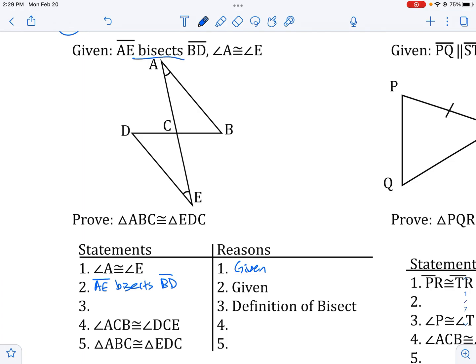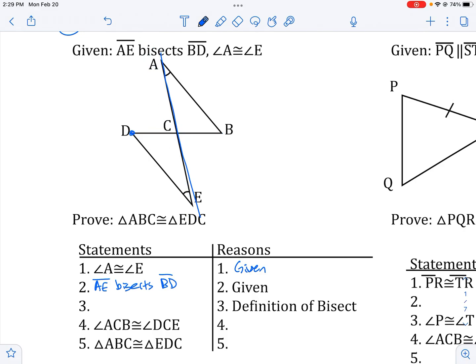So you do have to know what bisects means. Bisects means to cut exactly in half, not sort of in half, but exactly. It hits it at the midpoint. And so AE is coming through here. BD is just hanging out, and AE comes in and is like, take that! And it cuts it exactly in half.